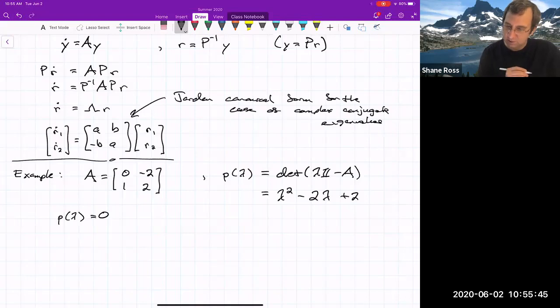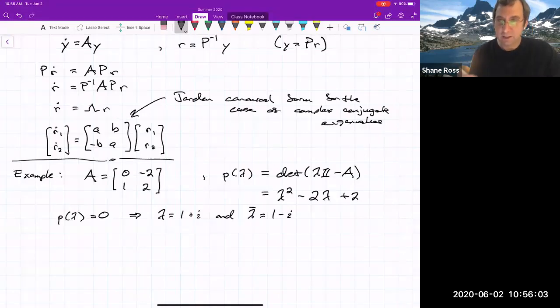So what are the roots of this polynomial, this characteristic polynomial? Well, you get lambda equals 1 plus i, and we get its conjugate, 1 minus i. So, okay, using the above procedure, here we've got a equals 1 and b equals 1.